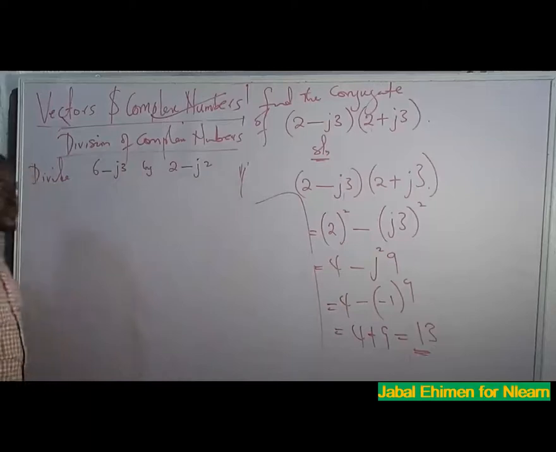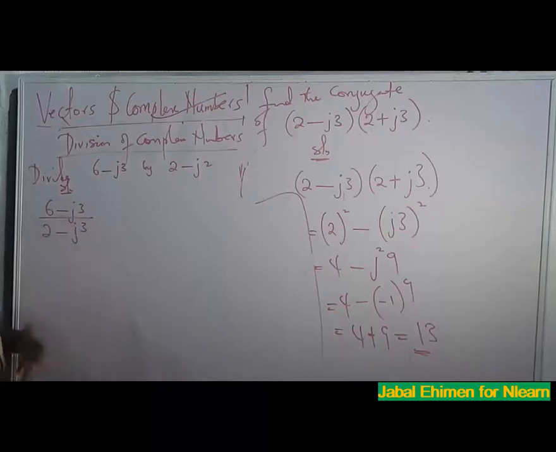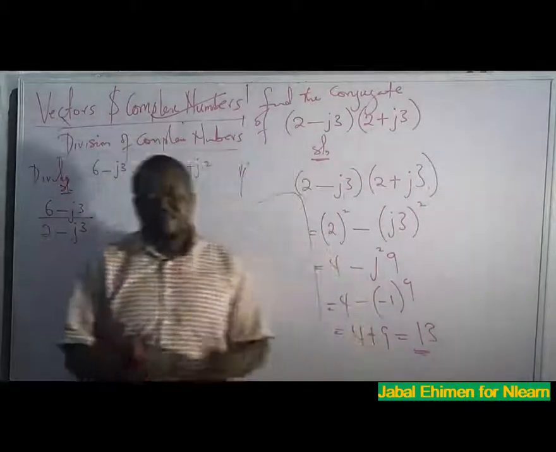Let's try this. You divide it. They say you should divide, so you divide 6 minus j3 divided by 2 minus j3.